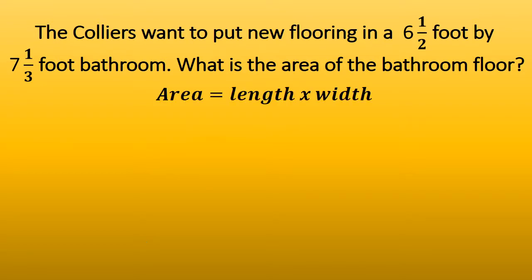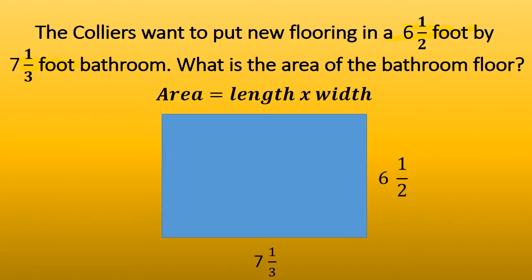Now, area equals length times width. A lot of times we talk about an area model where we'll have a rectangle and we're solving for how many squares are inside of it. That is actually known as area. We're just going to call one of the dimensions length and the other one width.